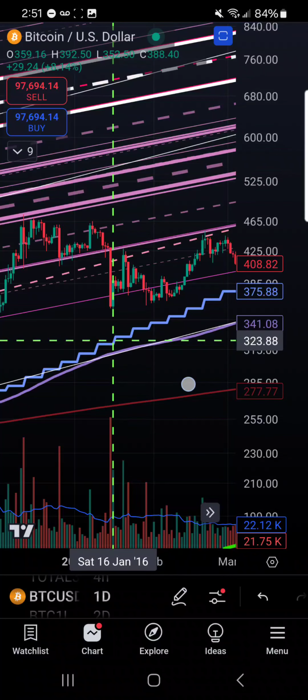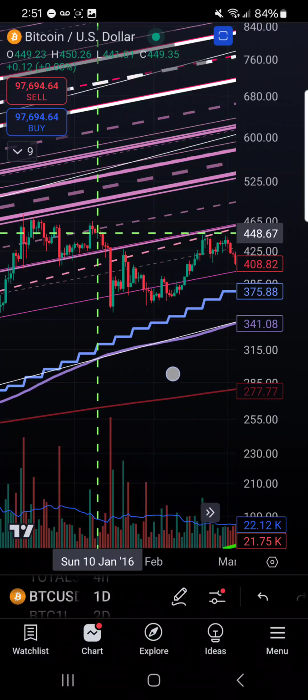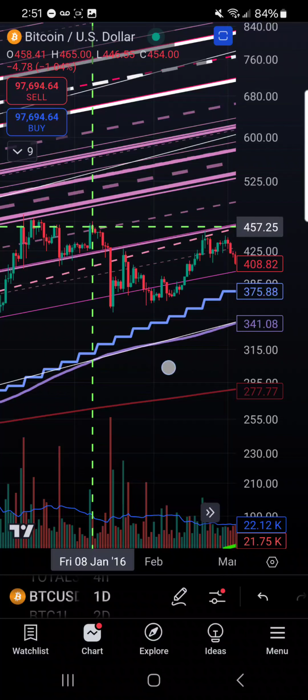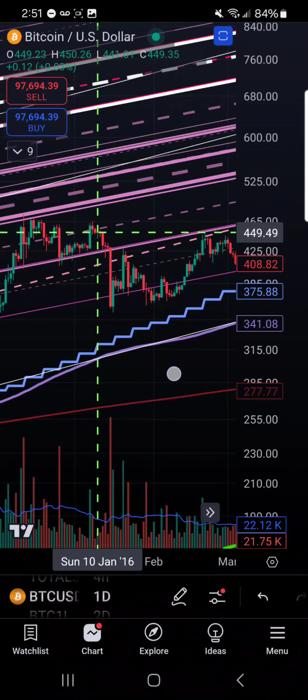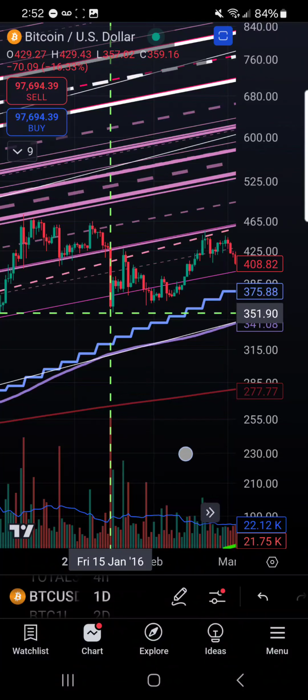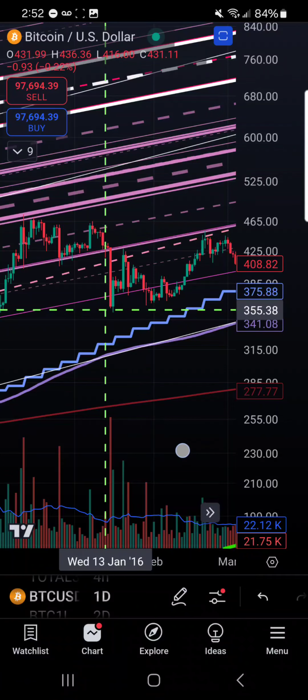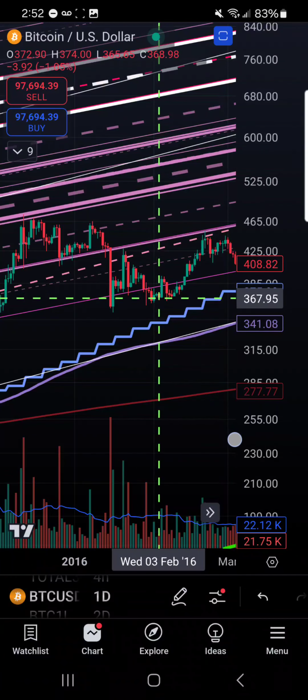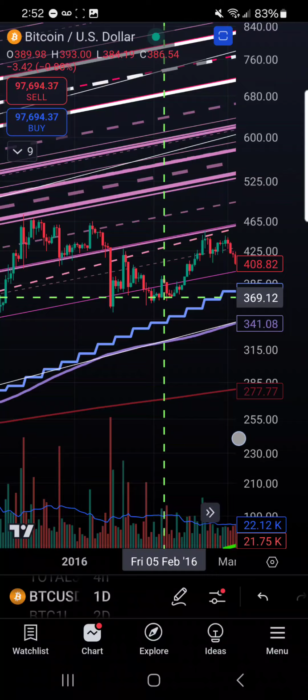We had a big dump over here on the 15th, but the dump started on the 8th of January, and then it culminated here on the 15th. And although we did come up and come back down here, we didn't come below that.